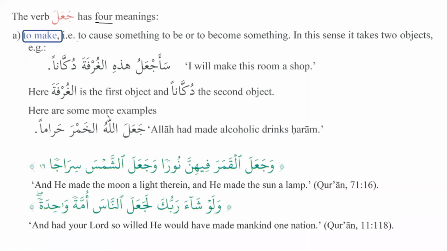Inshallah, we will see when we do the Arabic part. To cause something to be or to become something. So you cause something to become something, right? So we can see here that in this sense, it takes 2 objects. So whenever it is used in the context of making something or making something happen, then it should take 2 objects. For example, سأجعل هذه الغرفة دكانا.